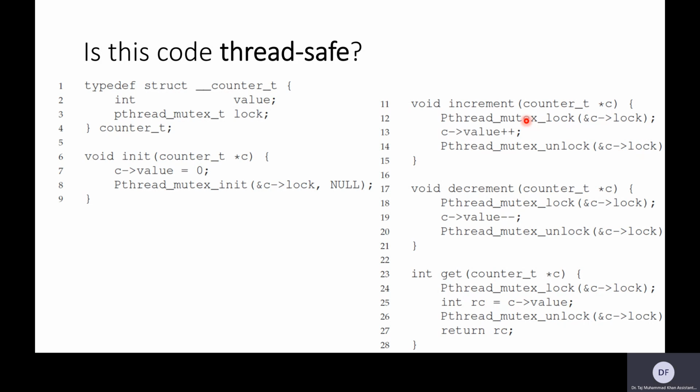Only one of the threads will acquire the lock, and for that thread this function will return and it will enter its critical section. That thread will update the global variable alone, and then after updating, it will release the lock. Once it releases the lock, one of the other waiting threads will now get this lock.